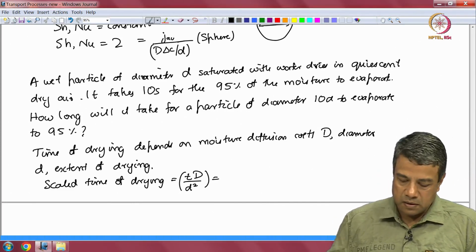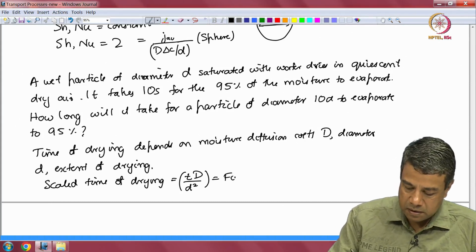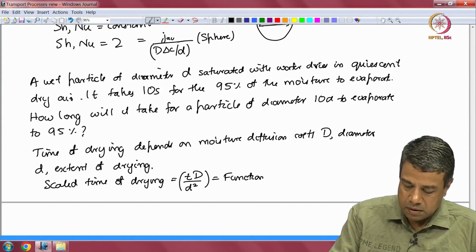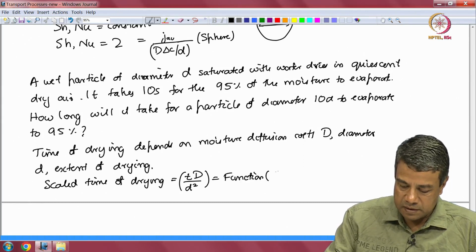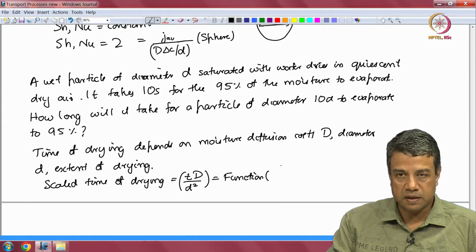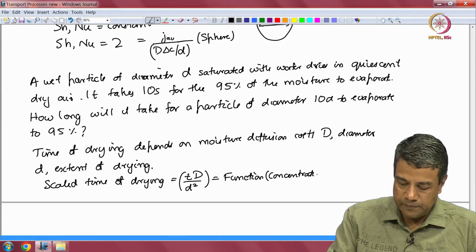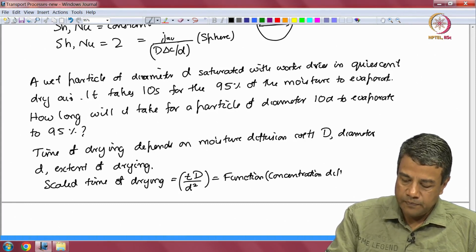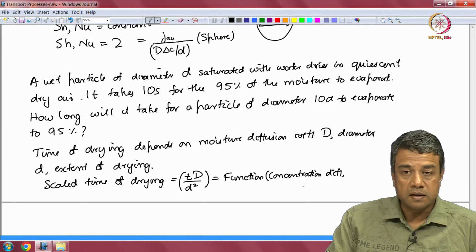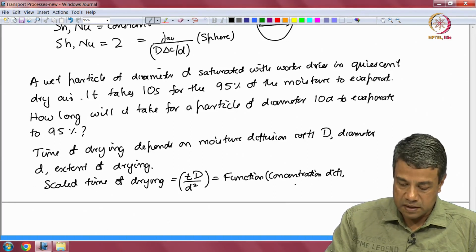It is going to be some function of the moisture difference, or the driving force, that is the concentration difference, and it is going to be some function of the extent of drying.